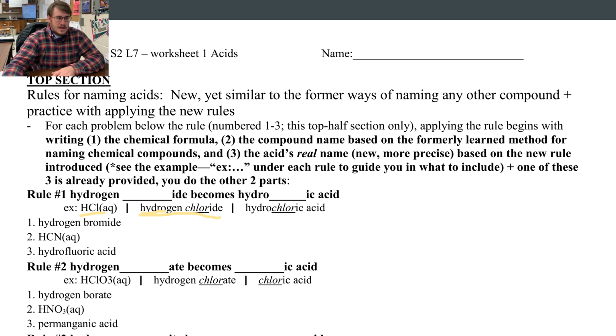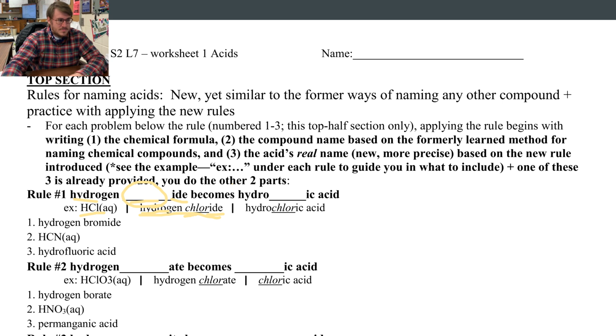If we would call it hydrogen chloride, then plugging that into the rule, if chlor were plugged into the blank here, chlor would be the blank that's part of this rule. Chlor is the carryover from the old naming rule to the new naming rule. That root.